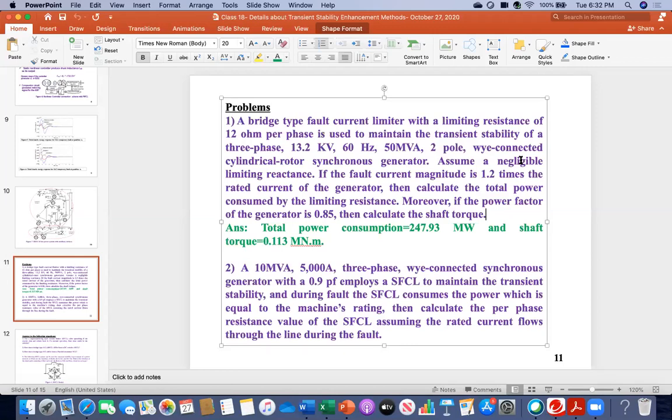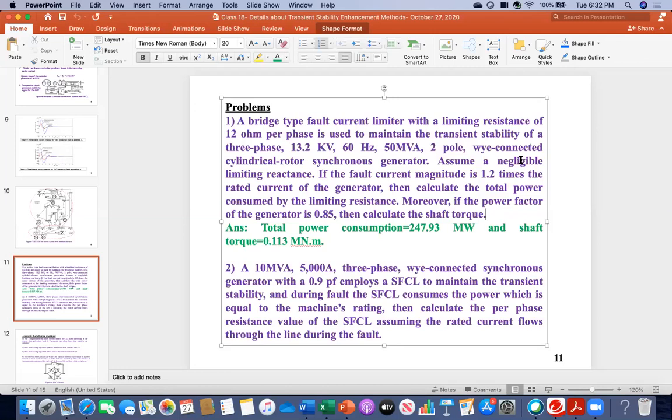So the fault current magnitude will be 1.2 times that 2.186 kiloampere. Then you have to multiply by 1.2. That value will be the fault current for only one phase. Okay, I got it now. So then first you calculate using that current I square R. Then at last you multiply by 3 to get the total.